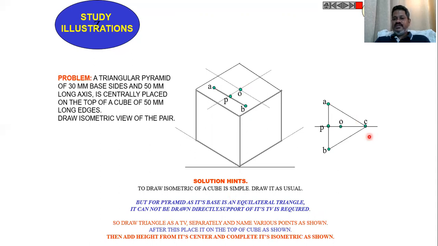Now locate the O point by drawing perpendicular lines to the sides of this equilateral triangle, AC, AB and BC. We will get the O point.